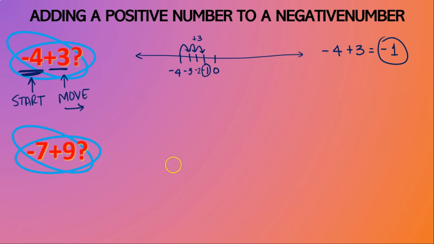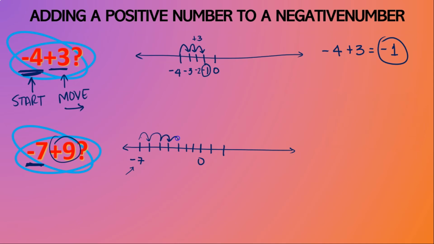So again, -7 plus 9. Let's try that one too. So we have 0 and we have -7. So what we're going to do is that we're going to add 9 spaces, right? So we look at minus 7, which is the initial value, and then we're going to count 9 steps. 1, 2, 3, 4, 5, 6, 7, 8, and 9.